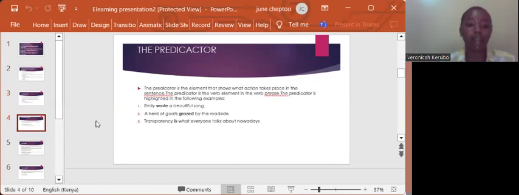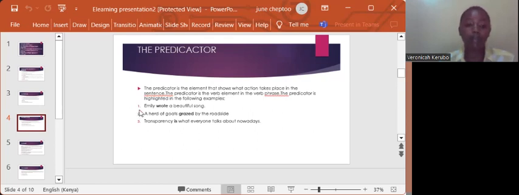Another element of a sentence is the predicator. The predicator is the element that shows what action takes place in the sentence. The predicator is the verb element in the verb phrase. The predicator is highlighted in the following examples.